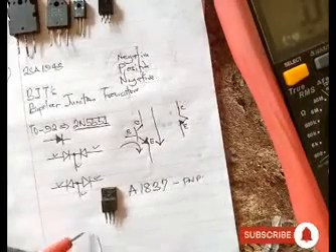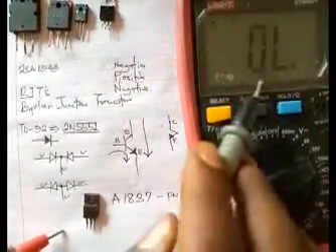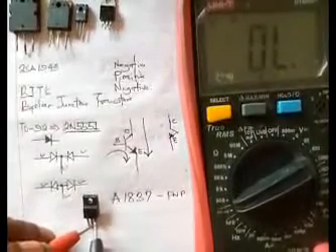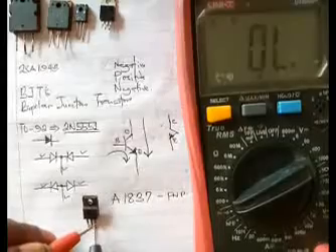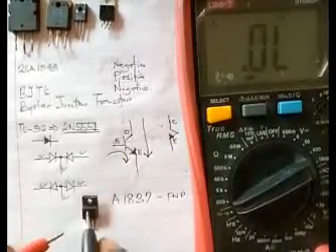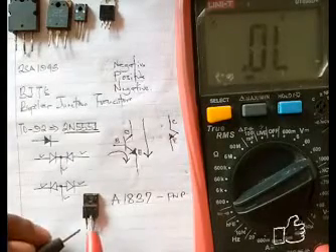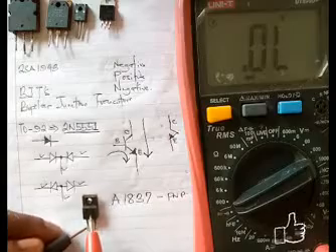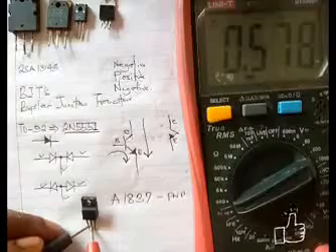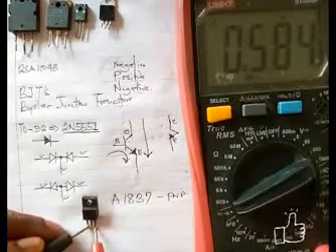Okay. So let's test this transistor and see if it's okay. Now, the first thing, like I said, is you switch to your continuity mode and then test. Okay. So our collector and our emitter is not shorted, so I can run other tests. All right, now since it's a PNP transistor, let the negative probe be on the base. Now base collector gives me 578, base emitter gives me 587.